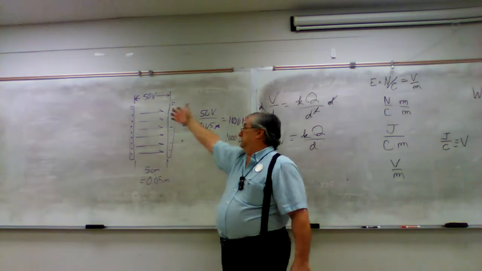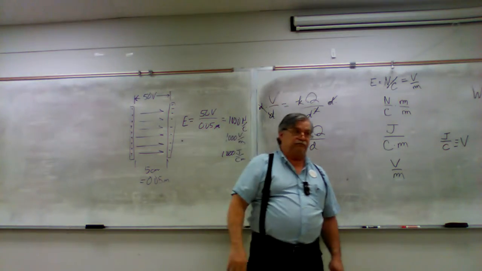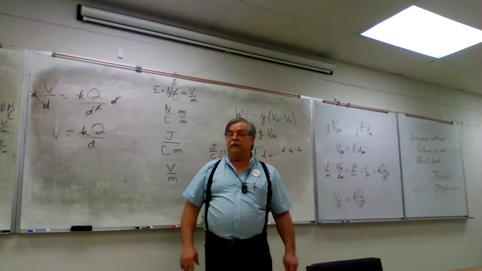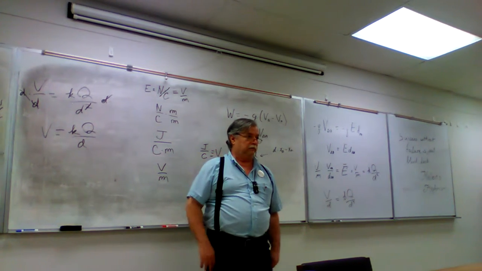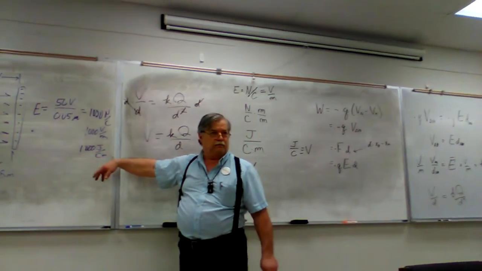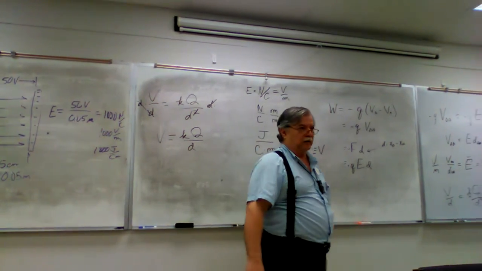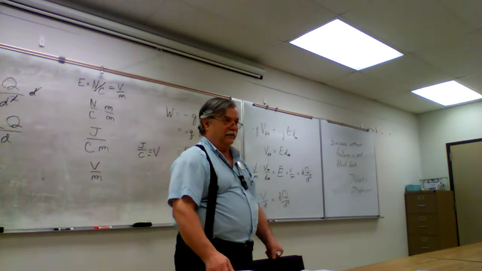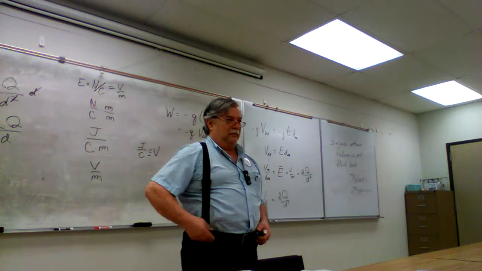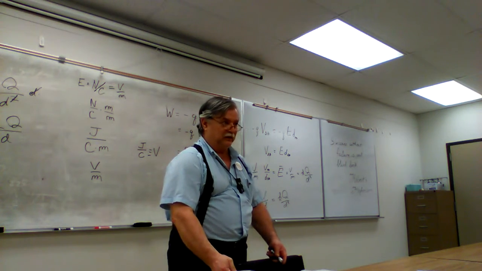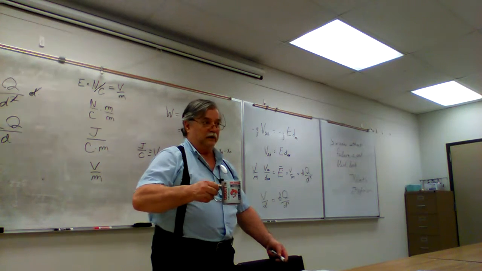So 50 volts divided by 0.05 meters is 1,000 volts per meter. That's your E field. Don't get cute trying to confuse me. If I don't see what you did, I might mark it wrong. Don't hide the answer from me when you write it out. But if I see what you did and I realize that it is correct, I'm not going to mark it wrong.